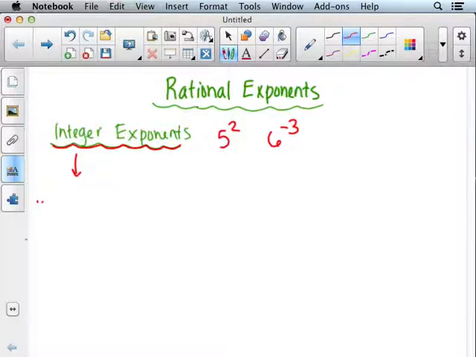Remember, integers are like negative 6, negative 5, negative 4, 0, 1, 2, 3. They don't include fractions and they don't include decimals. So now we're going to extend our exponents to have rational exponents.